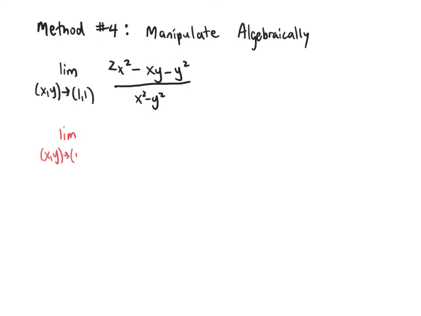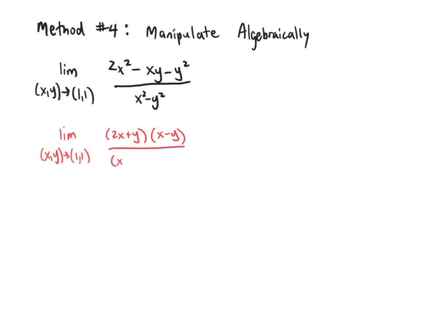in order to simplify and evaluate. So in the numerator, we can factor this numerator to be 2x plus y times x minus y. And if we were to distribute that out, I'm just double checking, we would get the values of the numerator there.